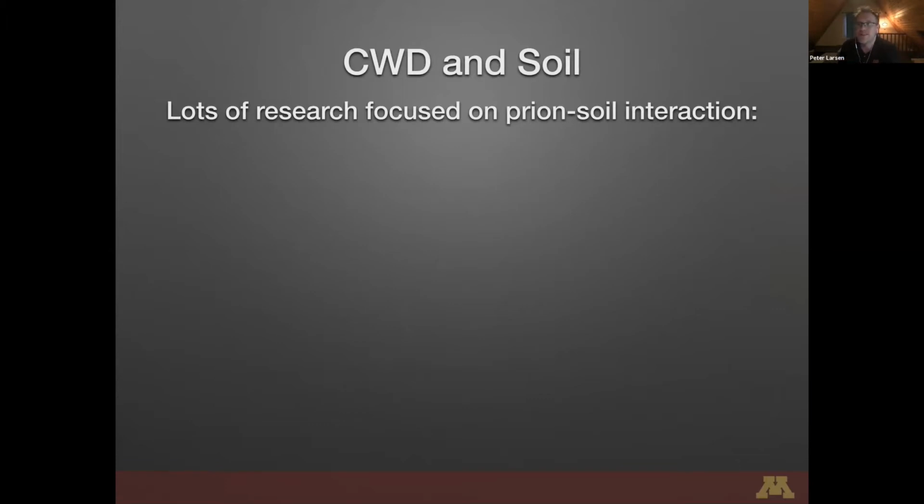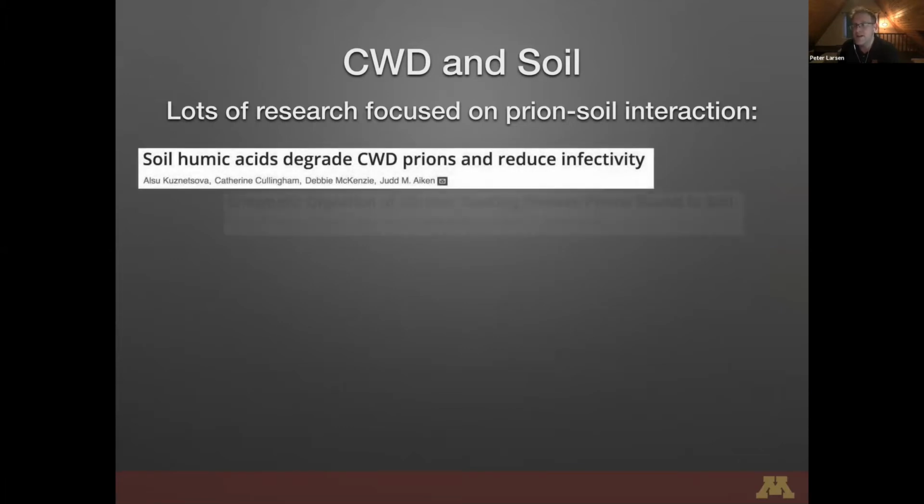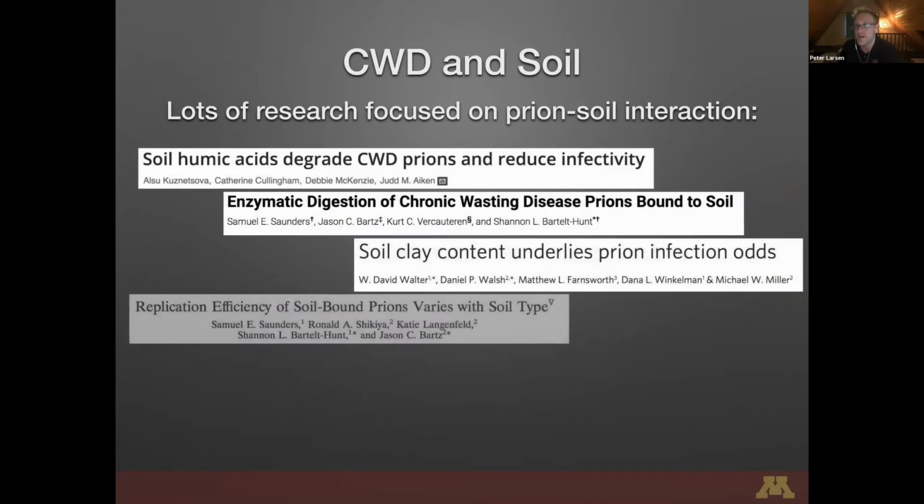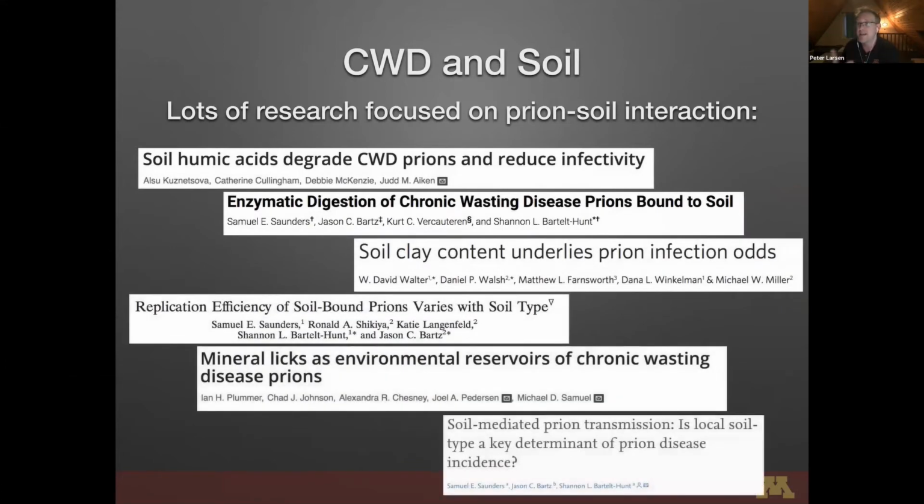Soil. There is a ton of research looking at CWD prions in soil and some great work out there. I don't have time to go into each one of these, but I just want to highlight that there's some excellent work coming out of Jason Bartz's lab and out of the Wisconsin lab, Joel Peterson's lab, sorry, looking at CWD prions in mineral licks and natural soils.